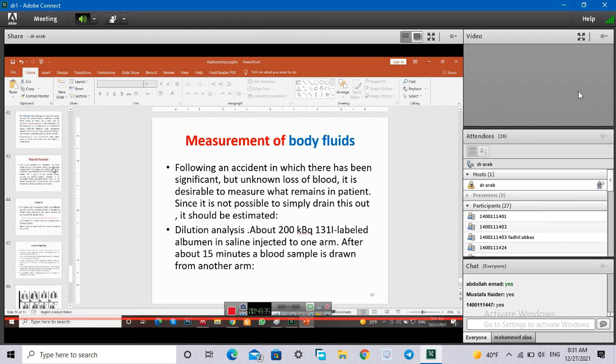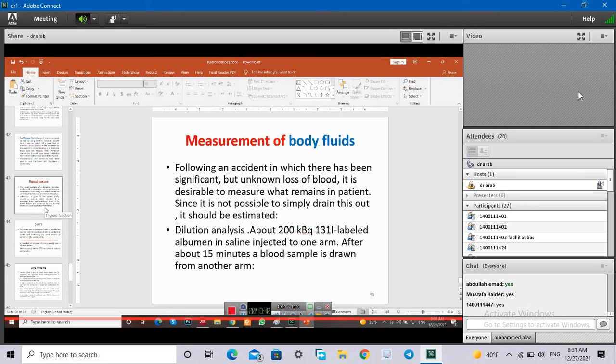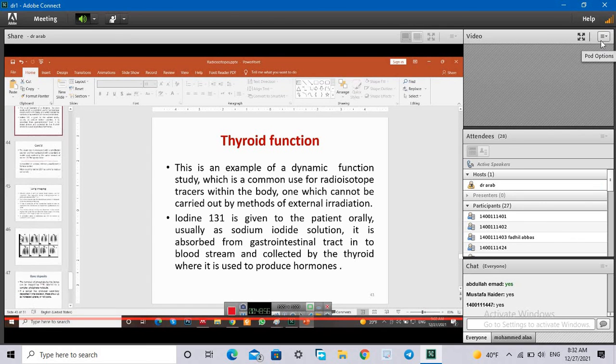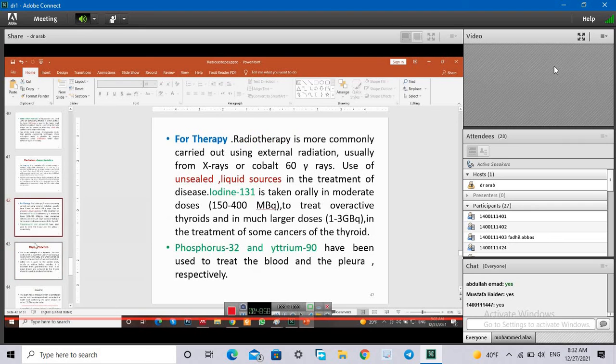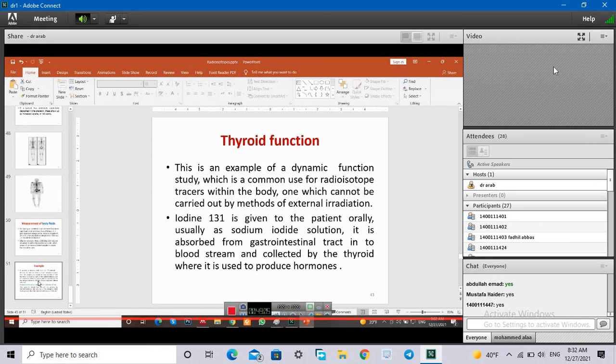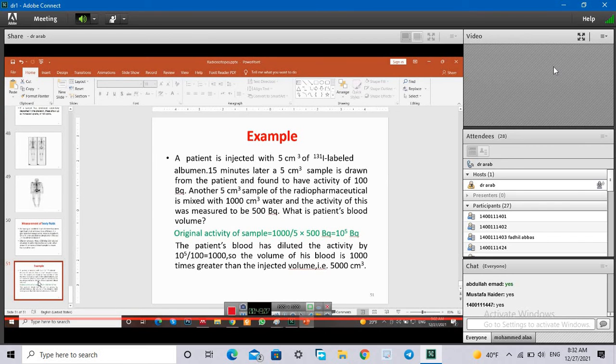It is important to say that slides 43 up to 51 are presented only for increasing your knowledge, and they are not very important in your exam.